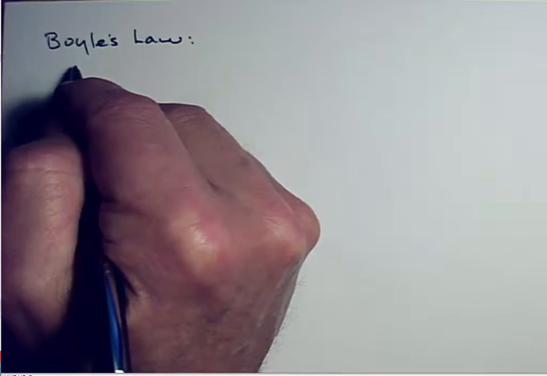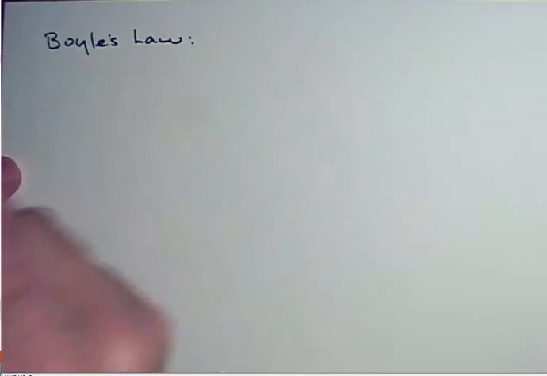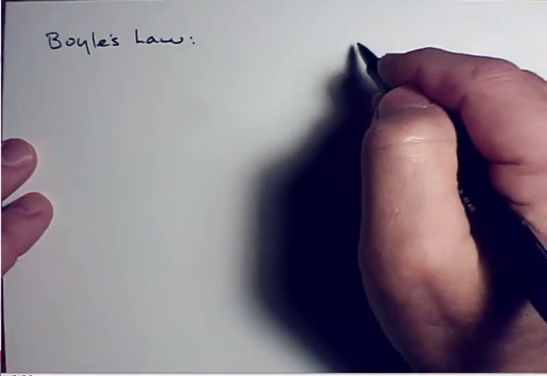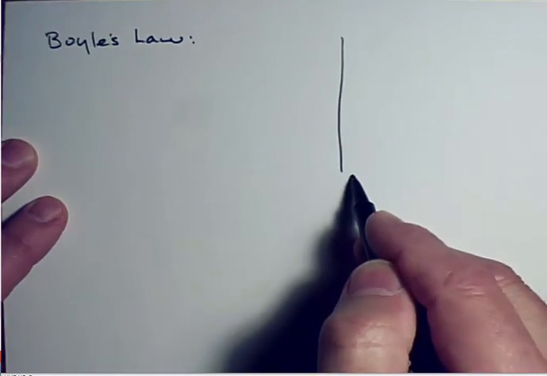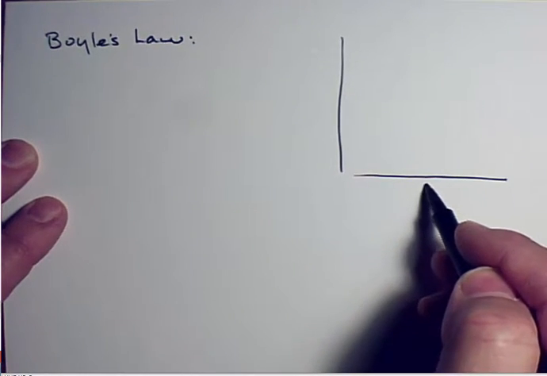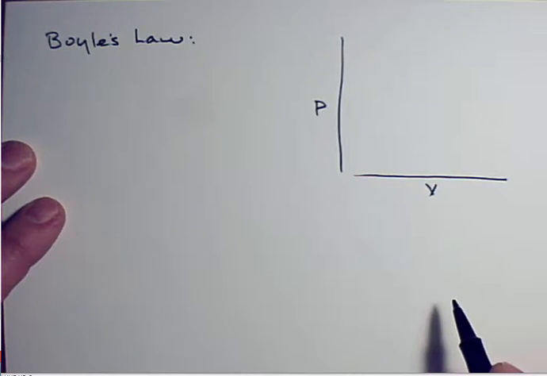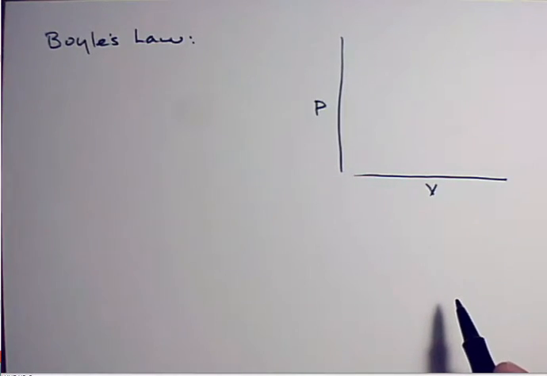The basic form of Boyle's Law is that, when you did the lab, you found out that if you have volume down here and pressure over here, and you keep measuring different amounts of pressure and volume, the temperature doesn't change and you don't change the amount of gas, because you have the gas trapped in a syringe.